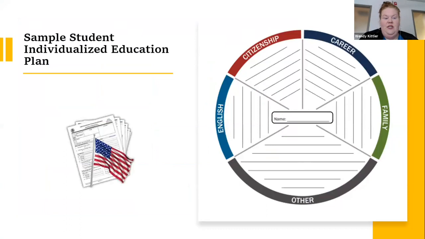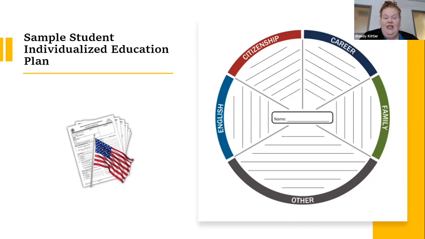They provide you a sample student IEP. Now, using the words IEP not in the special ed sense of the word, but an individualized education plan just as far as knowing your students' goals.